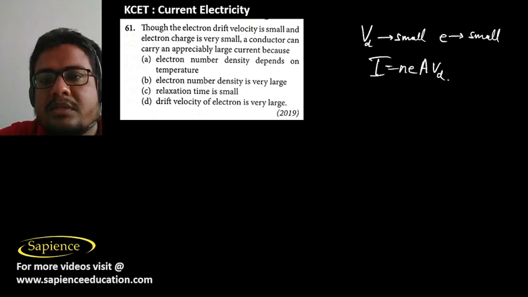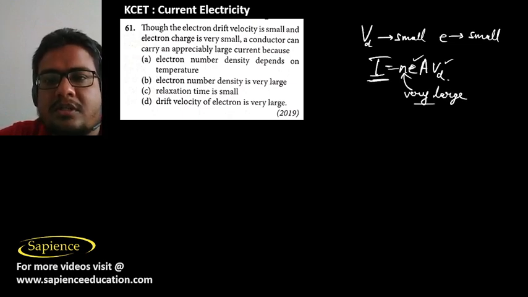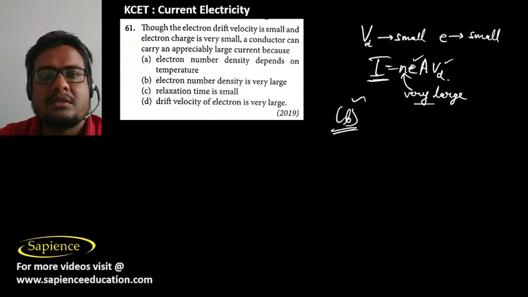So in spite of e and vd being very small, this n is very large. That is why the current is appreciably large. Means that the number density of electrons is very large. It means option B is the correct answer.